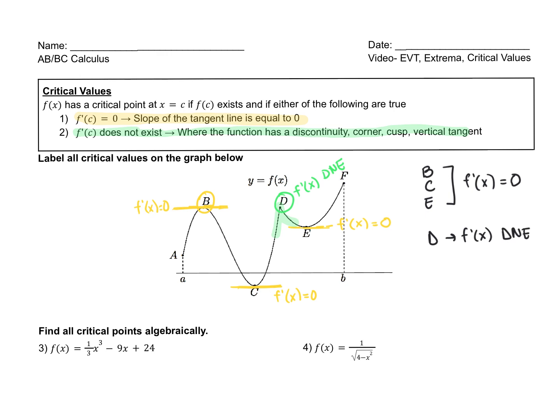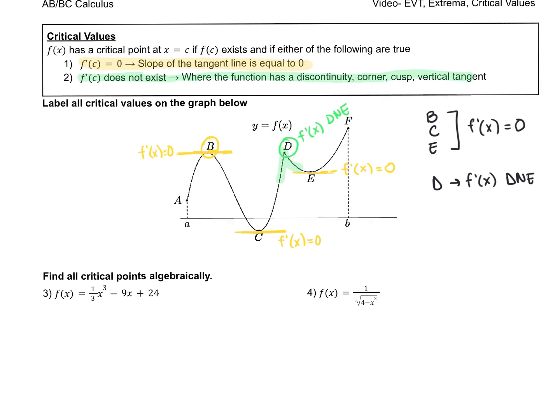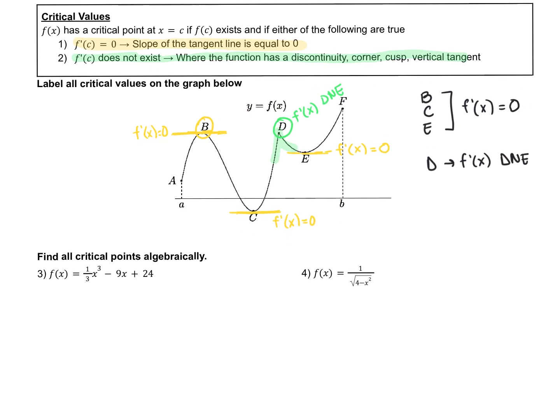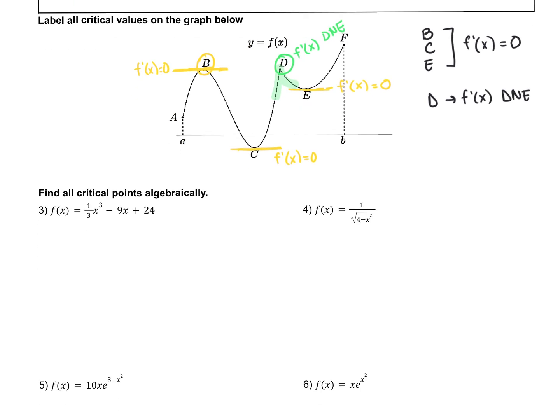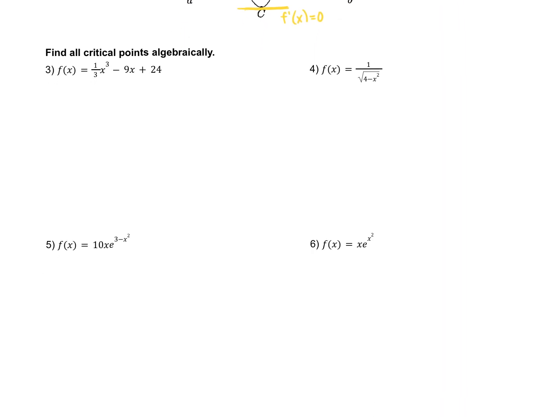So how can we find a critical value algebraically? Algebraically, what you want to do is take the derivative and set it equal to 0. Anytime a question asks you to algebraically find a critical value, you are taking the first derivative, f prime of x, and setting it equal to 0. So let's do that first with this example here.